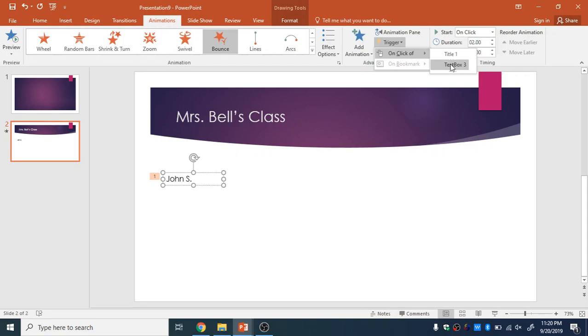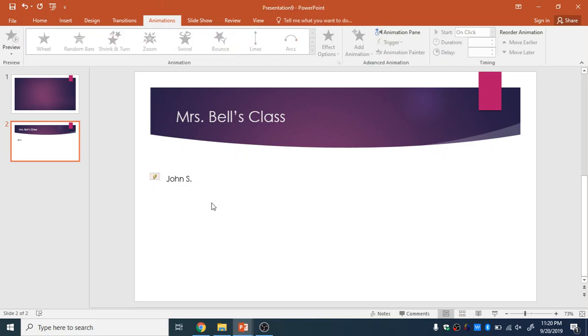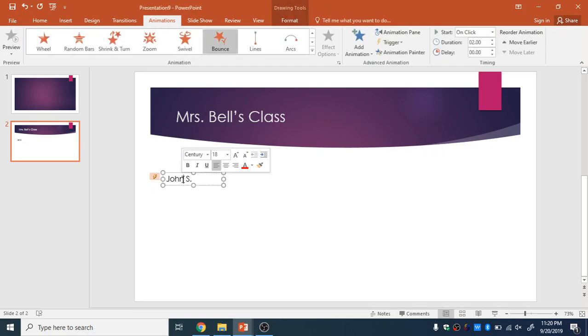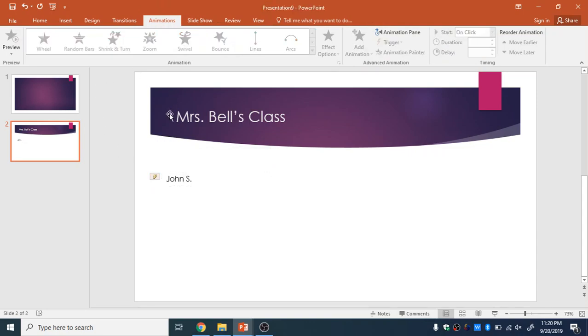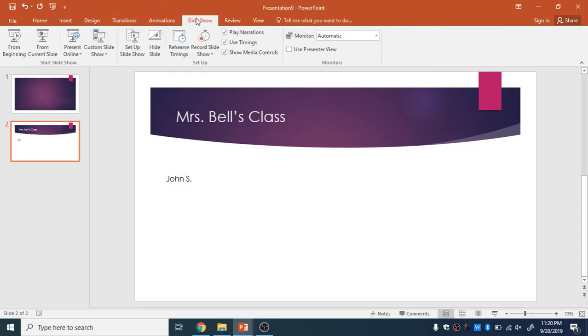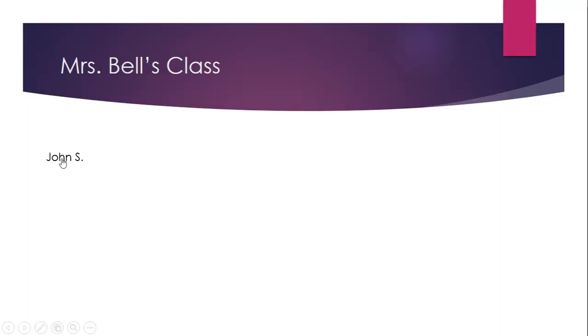So we just want to click on that text box. There should be only one text box available. So that means in order for this animation to happen, the student would have to come up here and click on that name. Okay, so we always want to do a little test to make sure it's working first. Okay, there goes John S.